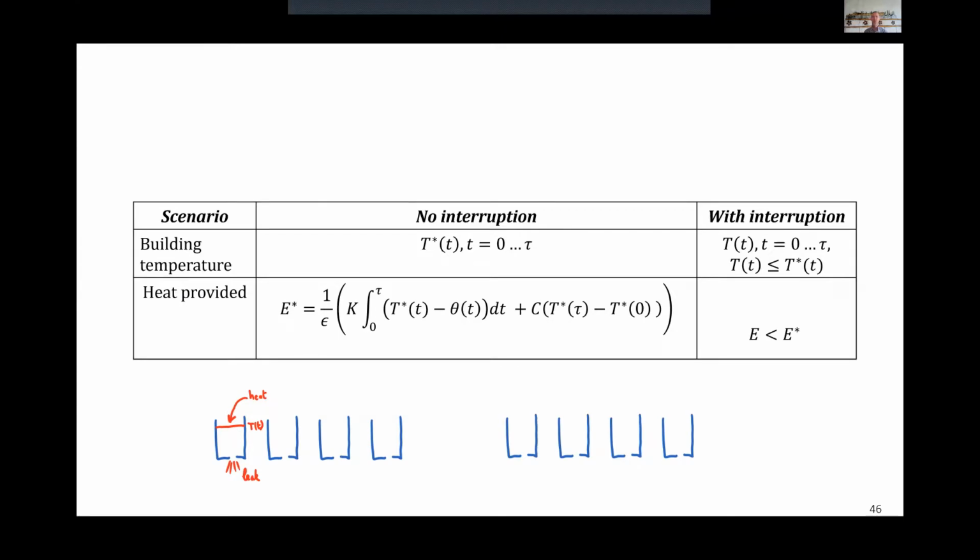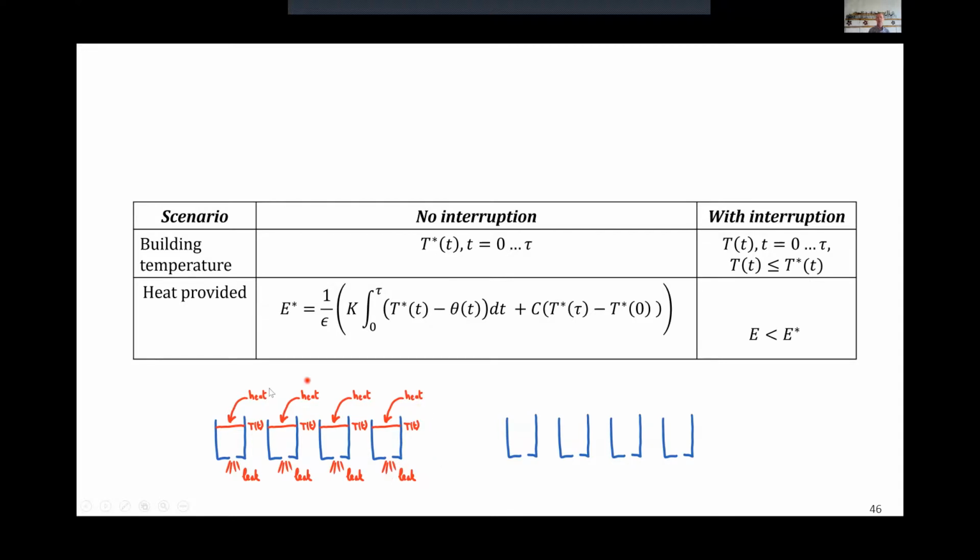I compare two scenarios, one with no interruption, so the one you don't prefer, where you keep your house warm all the time. So if I keep my house warm all the time, that means the temperature of the house is always the target here. Then the integral of the energy that I've used is equal to that, and we can split it into two parts. The part that has been used to keep the house warm, and the part that goes out.